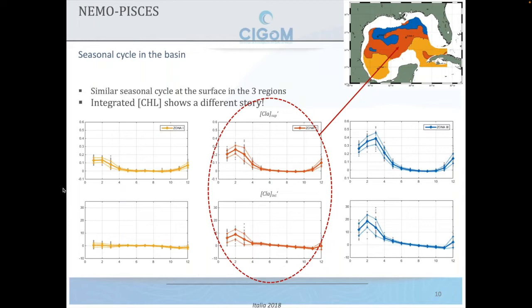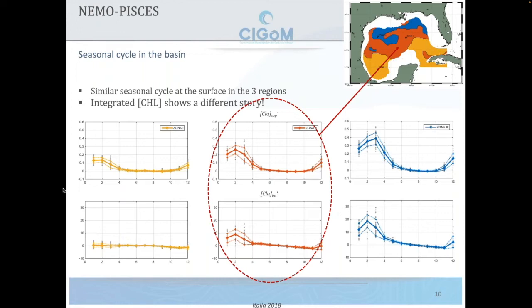And some of the results that came out from this model are that you can actually divide the Gulf of Mexico in 3 different regions based on how deep the mixed layer goes and how it interacts with the nutricline.